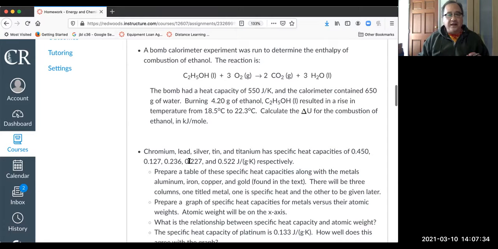So I'm going to write some information down. The heat capacity of the bomb is 550 joules per K. The calorimeter has 650 grams of water.